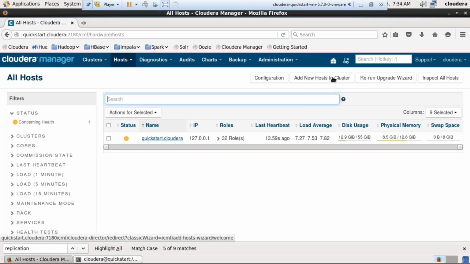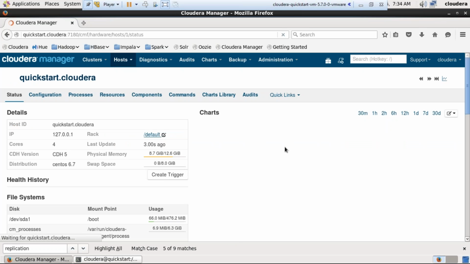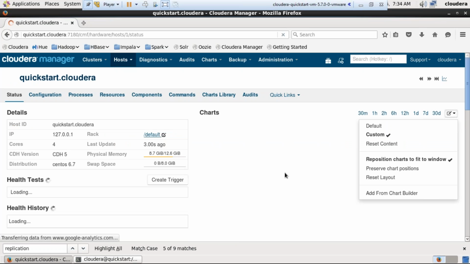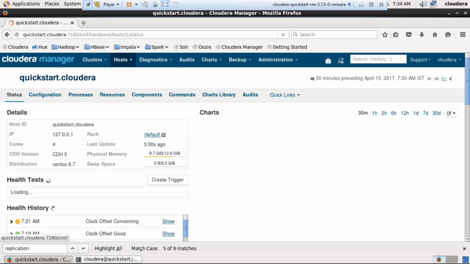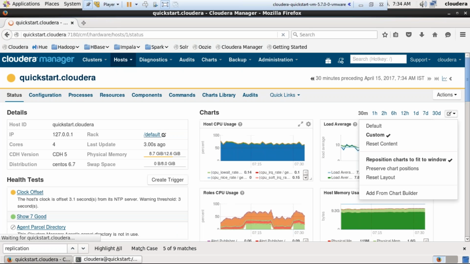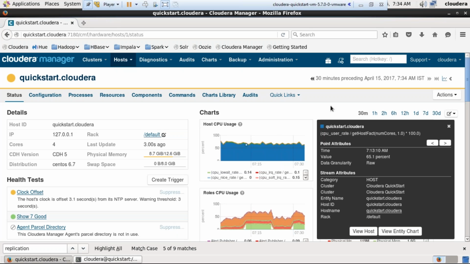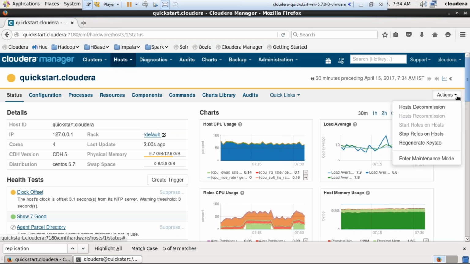You also can decommission the existing ones. Of course, here you have only one. There is no concept that you are going to decommission this host. You see that one here, the factor you can see. You can stop the roles.